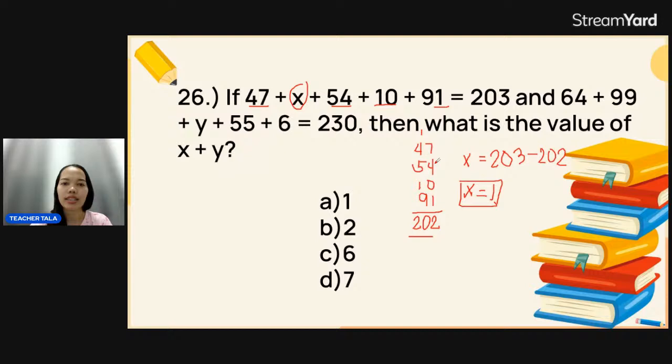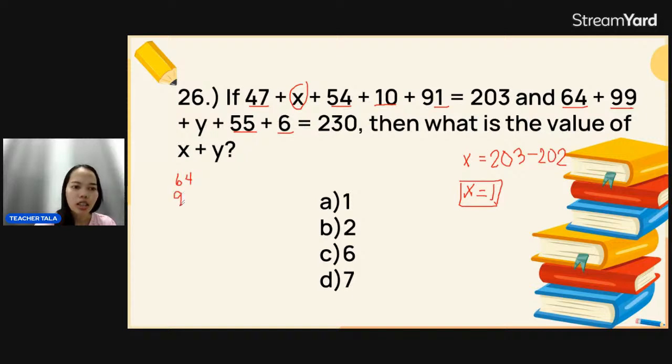Now, let's get the value of y. So, erase muna natin tong solution natin from the first x. And next we have, let's add 64, 99, 55, and 6. So, dito naman tayo. 64, 99, 55, 10 plus 14, that's 24.